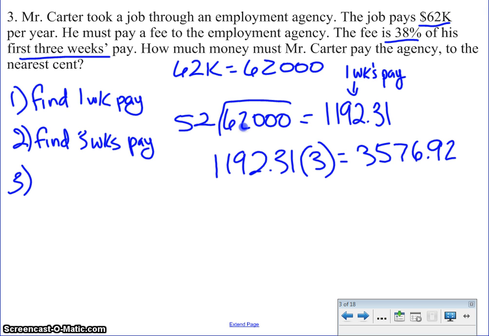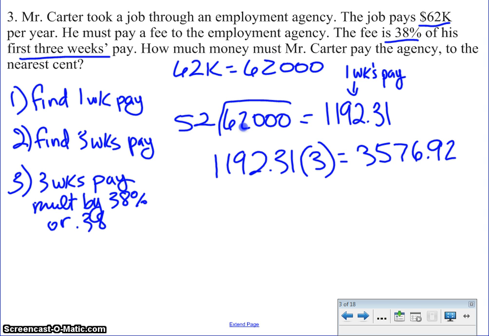Step 3, I'm going to take that value, the 3 weeks' pay, multiplied by 38%, or 0.38.